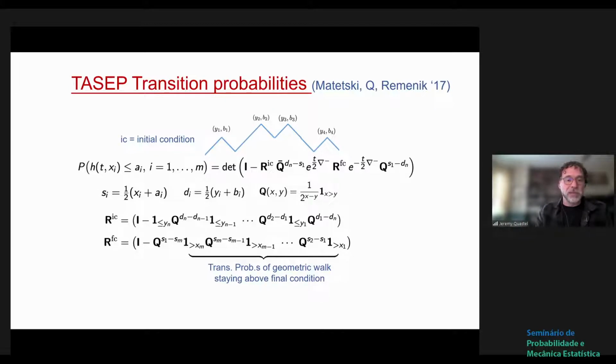And the only admissibility condition here is that the height should go down after some point, because there was supposed to be a rightmost particle. But otherwise, it's just completely general initial data. And this thing tells you the probabilities of the height function at time t. Okay? So that's the transition probabilities.